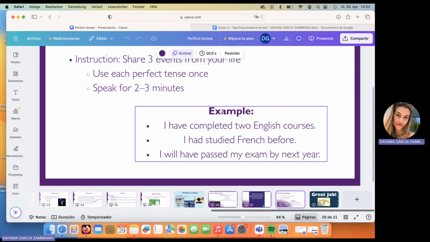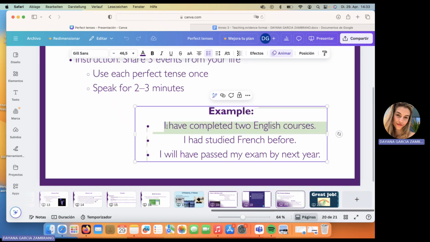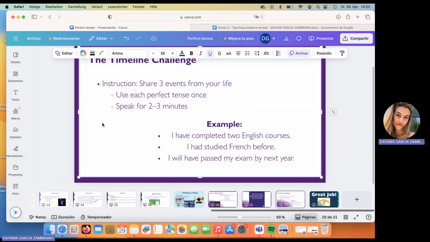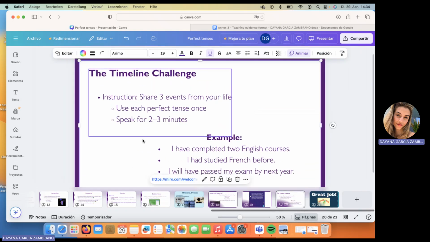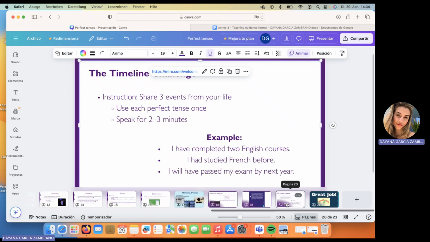This is an example. I have completed 2 English courses. That is present perfect. Then I had studied French before, past perfect, and I will have passed my exam by next year, future perfect. So they need to talk about it.